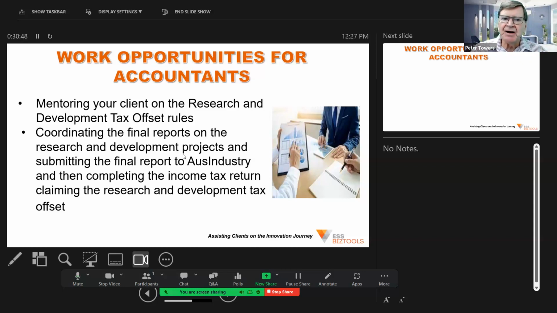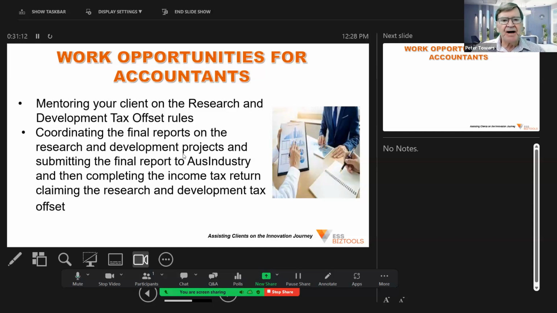But very importantly for a young company, if they're trading at a loss, they're able to claim the tax offset, 43.5% of the legitimate research and development expenditure. Remember, it's got to be over $20,000 is the minimum expenditure.